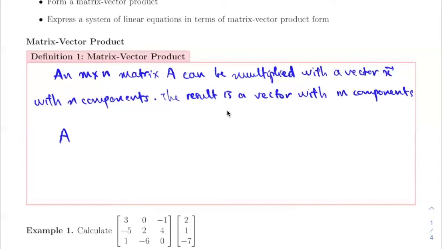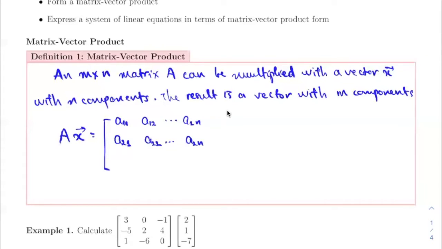In general, this is what you can write. So the matrix A acting on the vector X, and let's say you have an M by N matrix, so the components are A11, A12 up to A1N. Those are the entries in the first row. And for the second row, you have A21, A22 up to A2N, and so on and so forth.